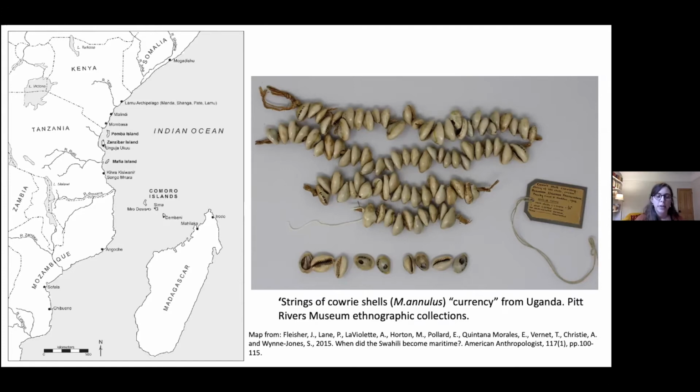This is the period where we know from historical records that cowries begin to be exported in large quantities from East Africa via mercantile trade networks by European merchants, and they were brought into West Africa.